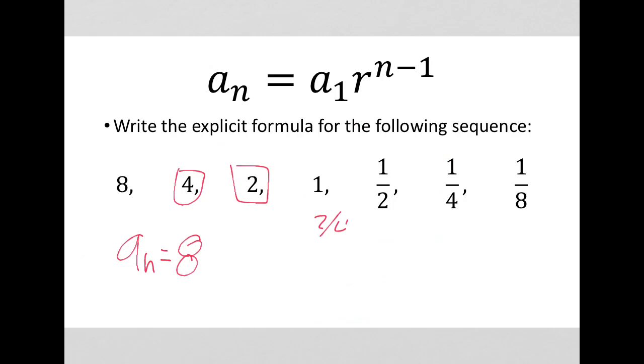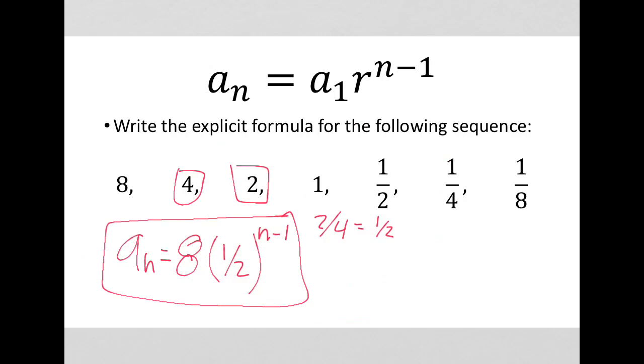So 2 divided by 4 is 1/2, so my common ratio is 1/2, which you should remember multiplying by 1/2 is the same as dividing by 2. 8 divided by 2 is 4. 4 divided by 2 is 2. 2 divided by 2 is 1, etc. I'm going to need to raise my ratio to the power of n minus 1. And just like that, I have my explicit formula for this geometric sequence.